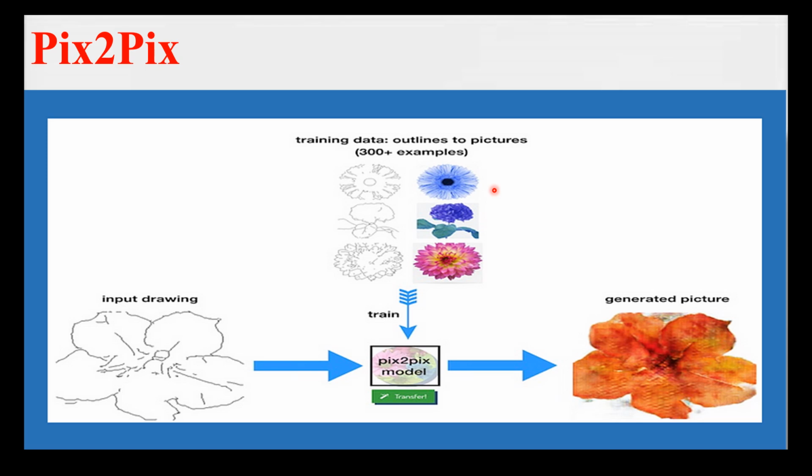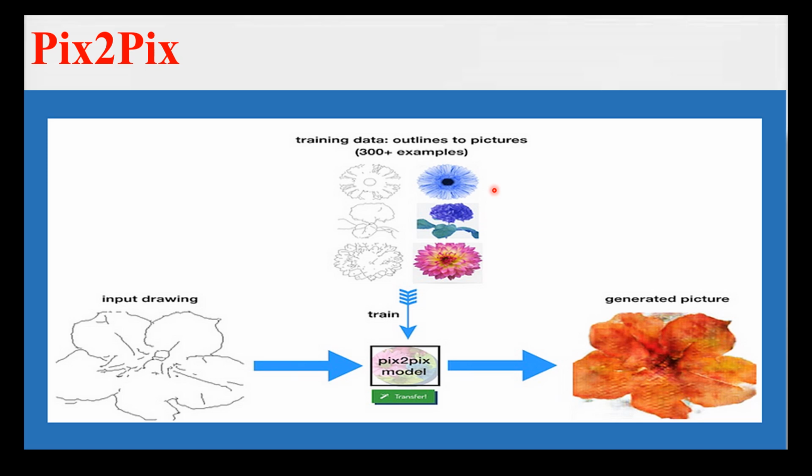So a simple real life example of pix-to-pix in action would be transforming images from one artistic style to another. So imagine a data set of photographs of landscapes and their corresponding hand-drawn versions. Here this pix-to-pix could learn the mapping between two domains and can be used to transform a photograph of a landscape into its hand-drawn counterpart.